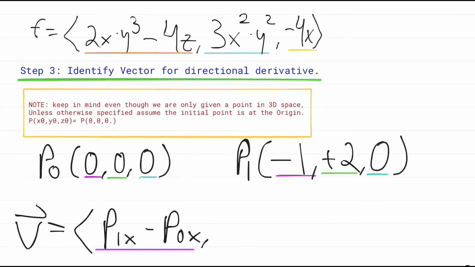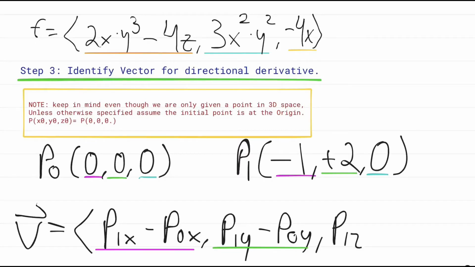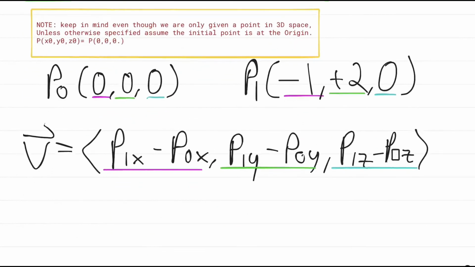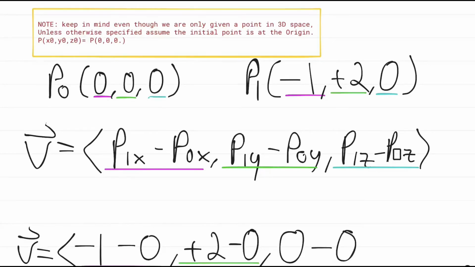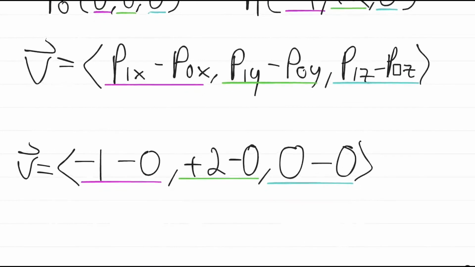P1 sub x minus P0 sub x will give us our x component of our vector. P1 sub y minus P0 sub y will give us our y component of our vector. P1 sub z minus P0 sub z will give us our z component of our vector. In doing so, all we simply do now is apply subtraction. -1 minus 0 for the x, +2 minus 0 for the y, 0 minus 0 for the z.